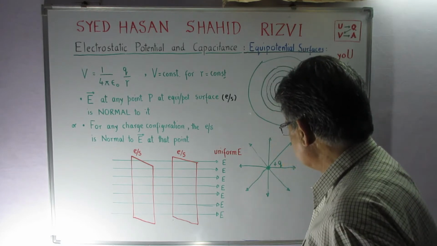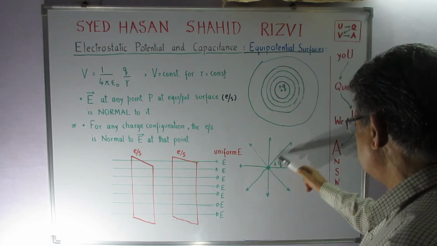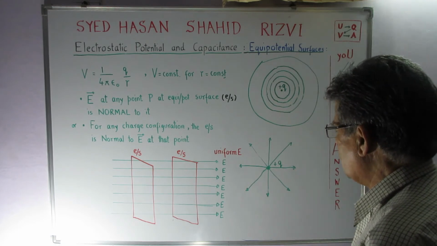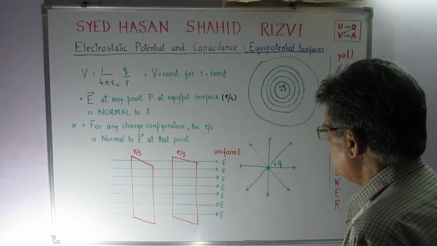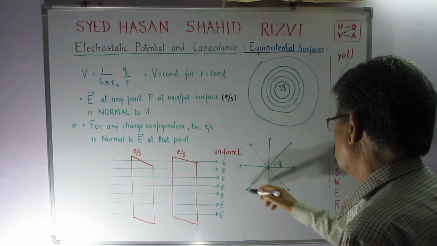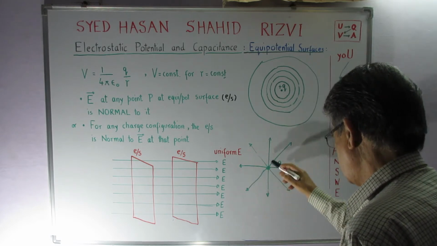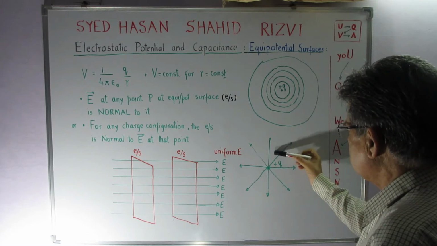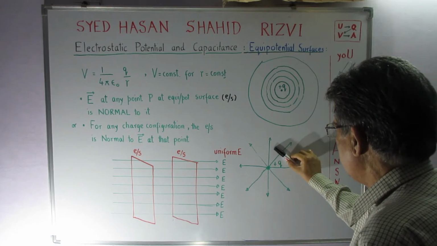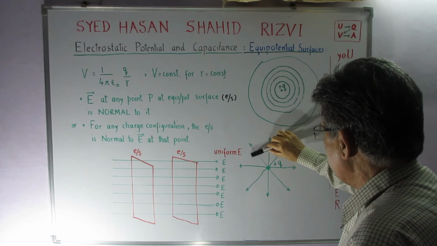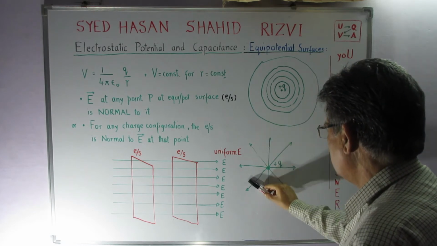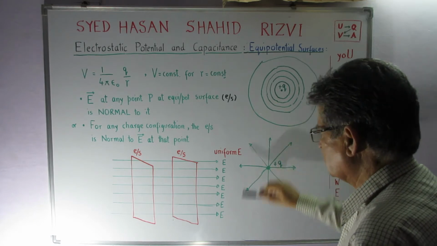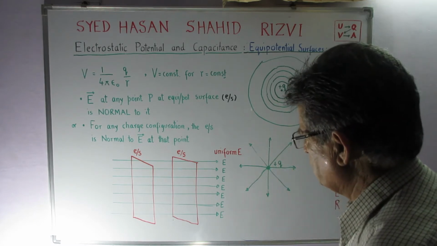Here we have taken a slice of the sphere, and this is the electric field direction, and you can see that anywhere the electrostatic potential will be the same on a spherical disc. It's very easy to visualize.